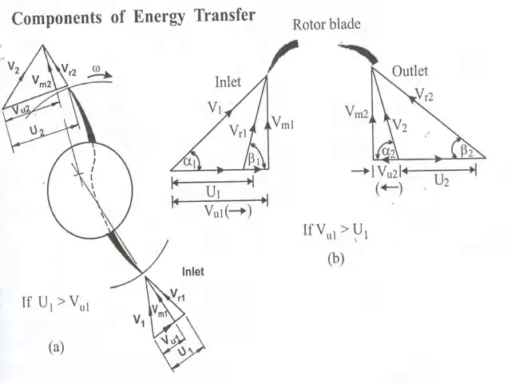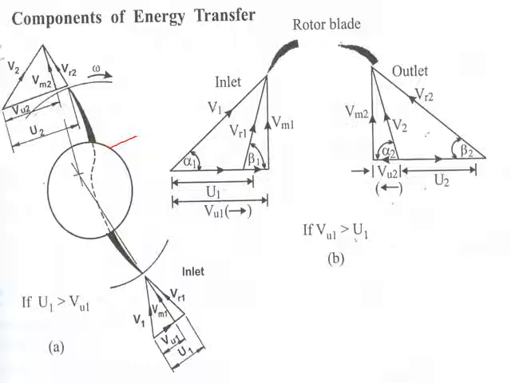So coming to the next topic, components of energy transfer. In this diagram, this one is called the rotor, with the inlet velocity triangle, and this one is called the exit velocity triangle. The fluid is injected into the rotor at the velocity V1, called the absolute velocity at inlet.